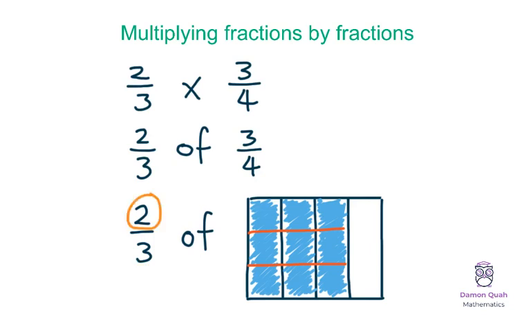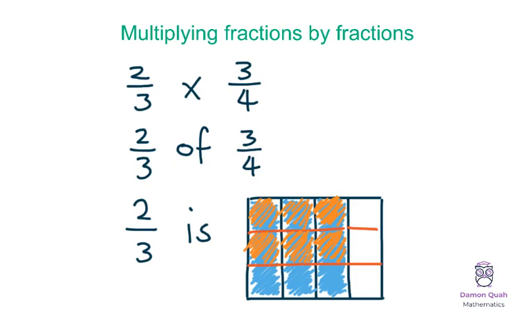I now need to find 2 of these 3 pieces. That is 1/3, or 1 piece of the 3 that I've created, and that's 2 of these 3 pieces. So 2/3 of 3/4 is this orange section that I've now coloured in. I will now cut up the rest of the shape just so that I understand what each of these pieces are.